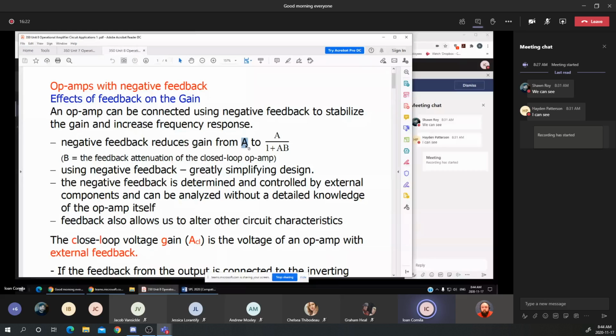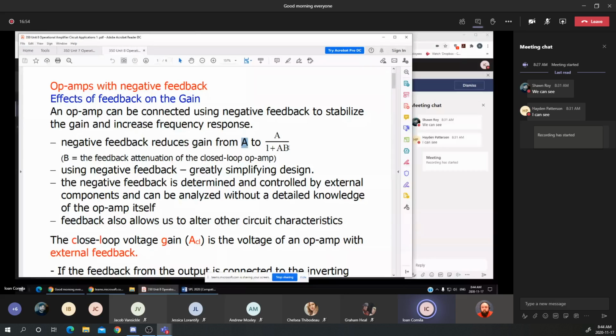A is most of the time used for amplification, or when the output voltage is greater than the input voltage, and B is the attenuation of a signal when the output voltage is less than the input voltage.